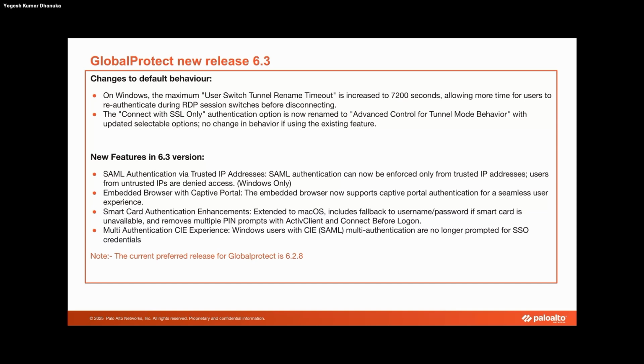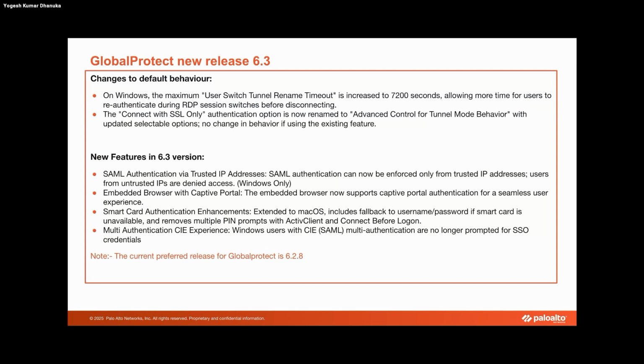In terms of new features in the 6.3 release, there are some specifically for SAML trusted IP, embedded browser with captive portal we discussed, smart card enhancement, and there's a multi-authentication CIE experience where, if you're using CIE, it used to prompt the user twice for multi-authentication, whereas with 6.3 it doesn't.